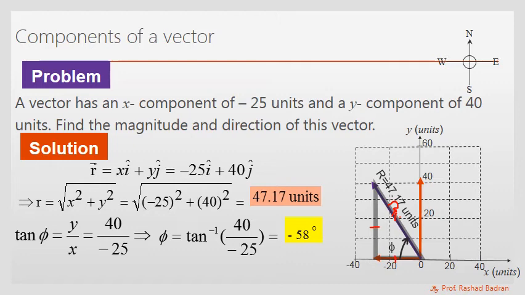Well, the direction of any vector is usually written with respect to the positive x-axis, and the angle found in the counterclockwise direction, we'll call it theta, must be equal to 180 minus phi, the obtained angle of 58 degrees.